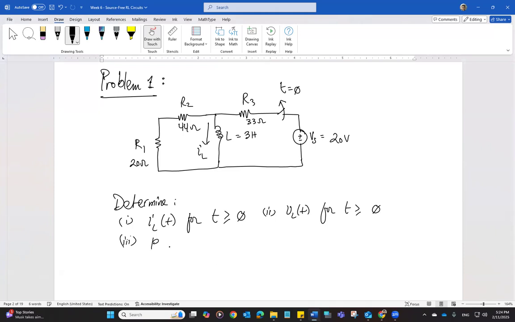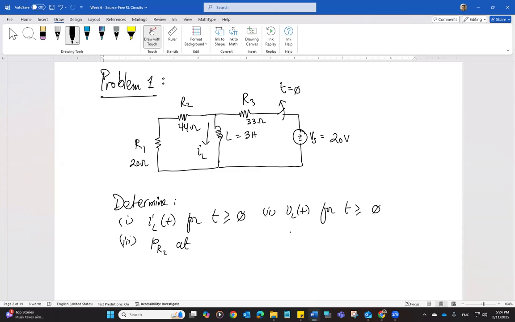Third, the power dissipated in R2 at, let's say, we'll decide the time because time depends on the time constant. So I don't want to take a very large time such that the current has gone down to 0, so the power is going to be pretty much 0 at that time.